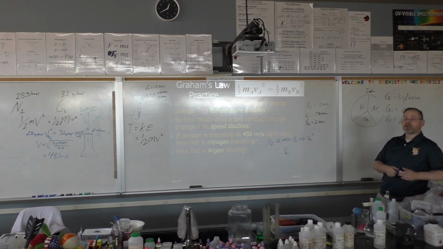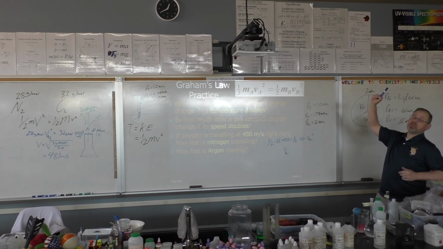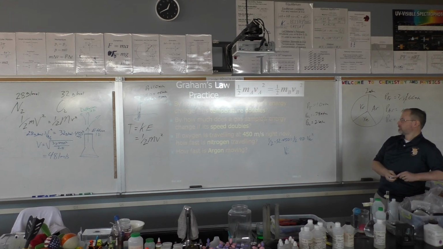And remember, argon is more dense than oxygen, so you would expect it to be moving slower. You don't square it until you square root the entire thing. 450 squared times, square root, then plus 32 times 4.